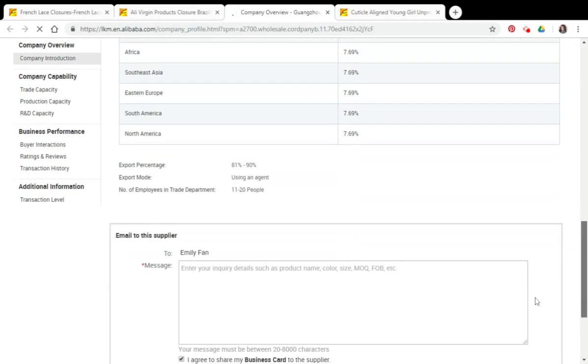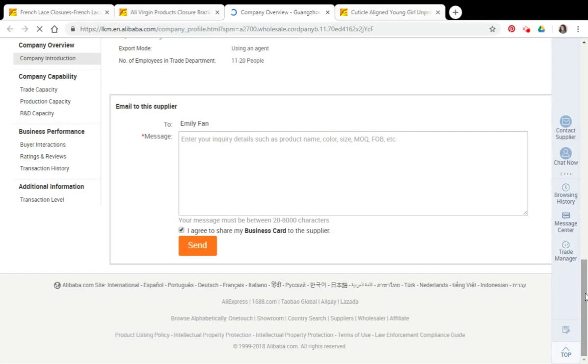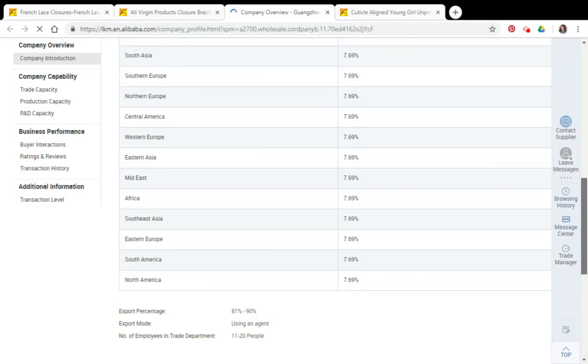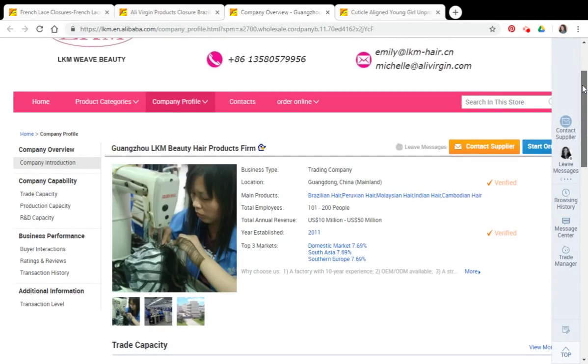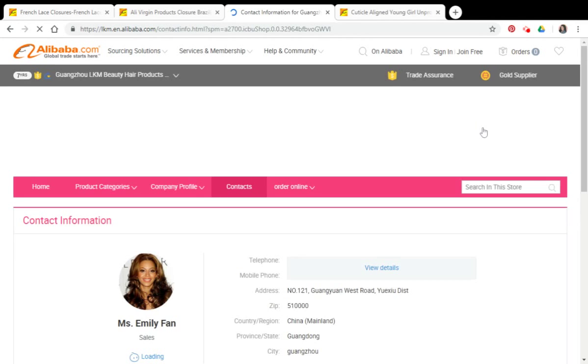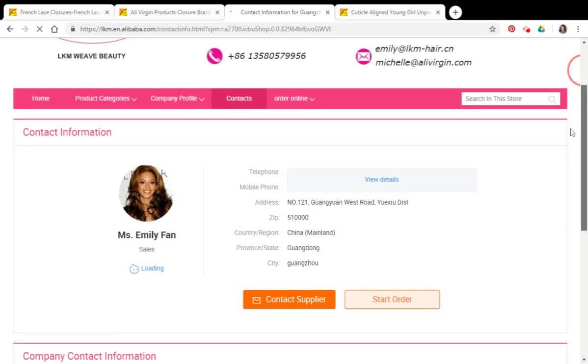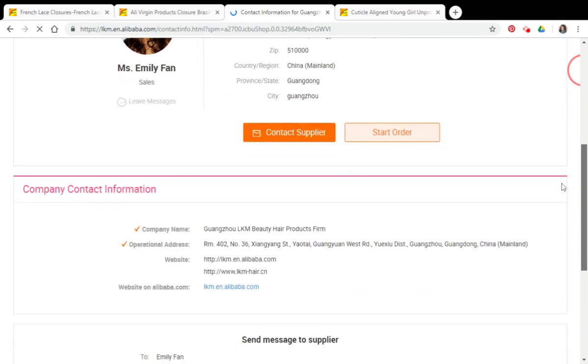However, this particular company doesn't have a lot of information on their actual company, and that's the issue, and that's why I don't like dealing with trading companies, because you can't find a lot of detailed information about the company. And they had a picture of Beyonce in the contact information.